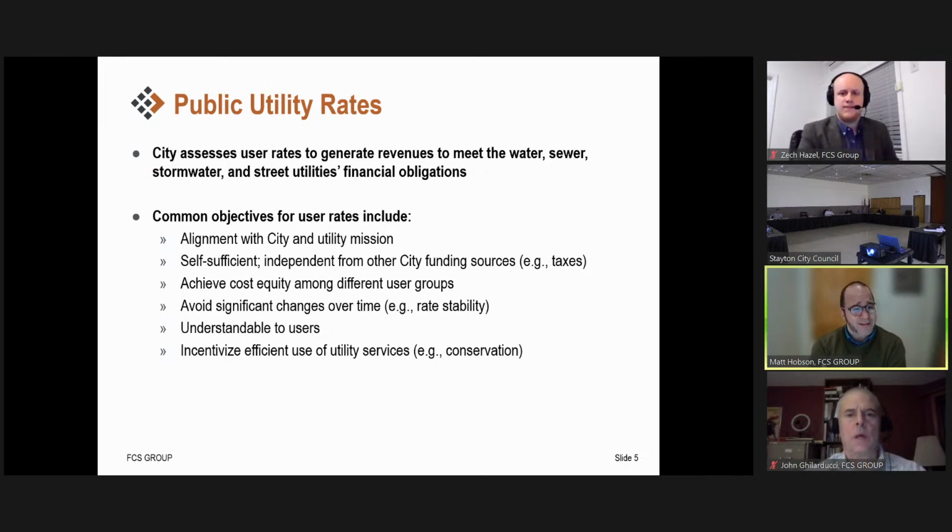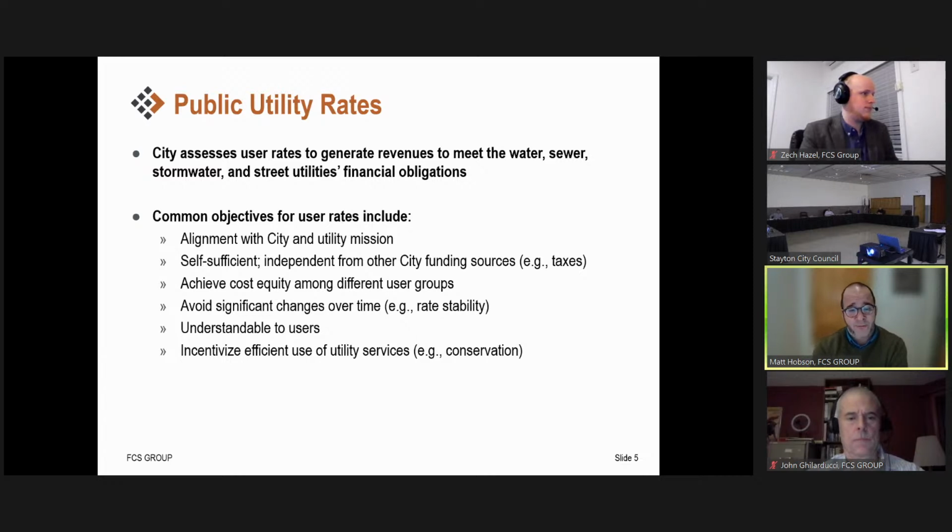When cities set rates, that's not the only objective they're oftentimes trying to achieve. Many times, the concept of cost equity comes into play, in that certain customer groups drive utility costs differently than other groups. So the other component we'll be looking at next month is a cost of service analysis, which informs those questions of cost equity between groups.